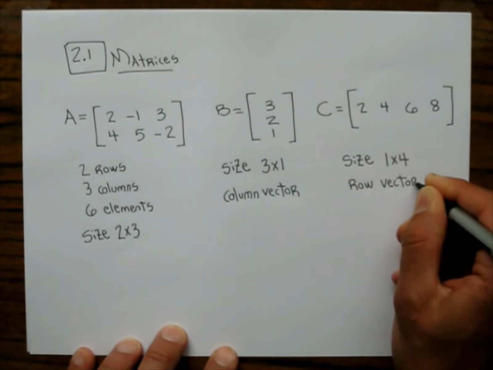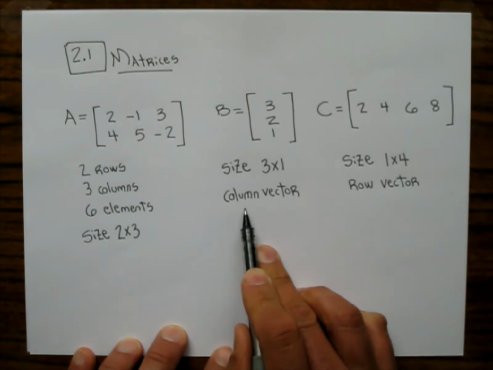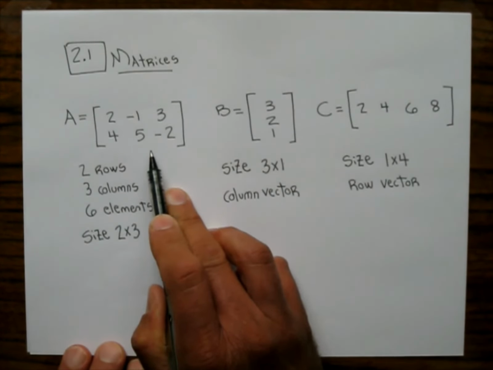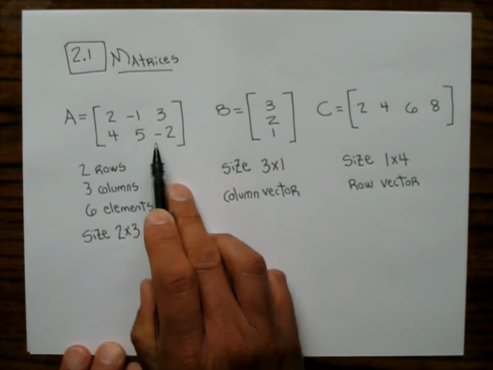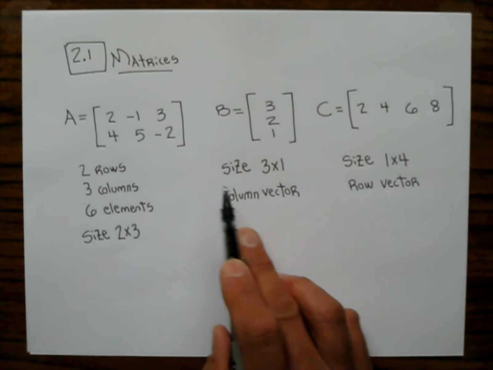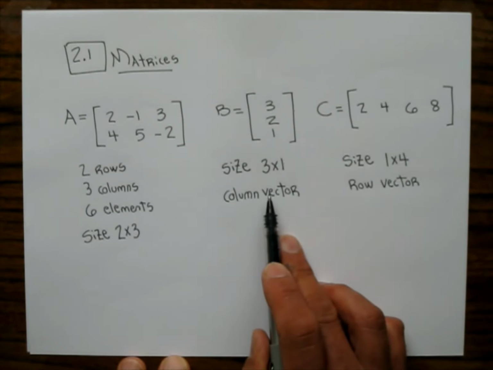Oh, and by the way, just because I'm calling this one a row vector and this one a column vector, they're still matrices. Now this matrix here is not called a column vector or a row vector because it's not skinny like these. It's just a matrix. So these are special kinds of matrices.